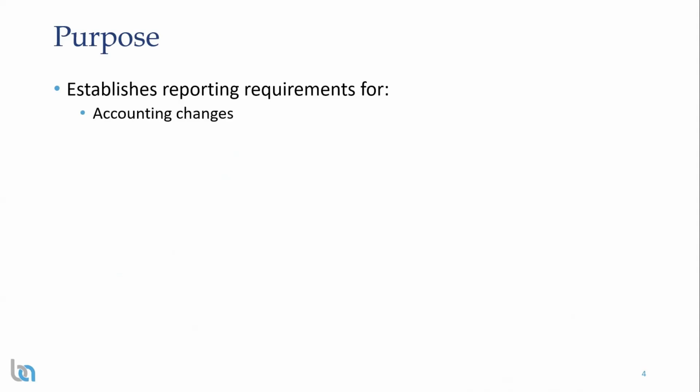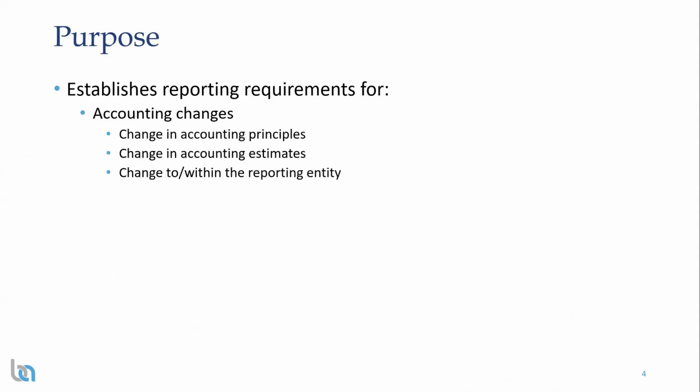So we'll get started. The purpose of GASB 100 is to establish reporting requirements for accounting changes. So changes in GAAP, changes in accounting principles, changes in accounting estimates, and also changes within the reporting entity. We're going to talk in more detail about what we mean by each of them. And then error corrections.